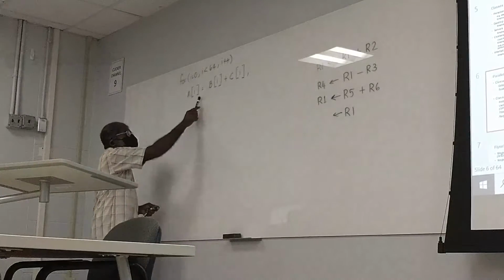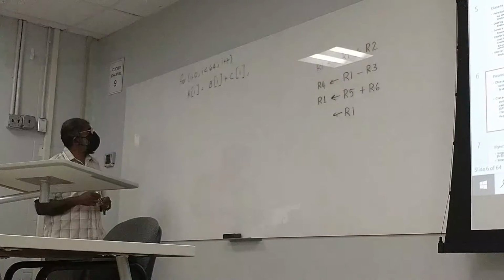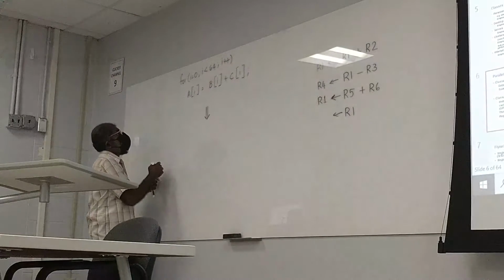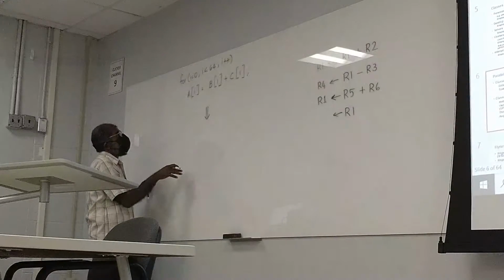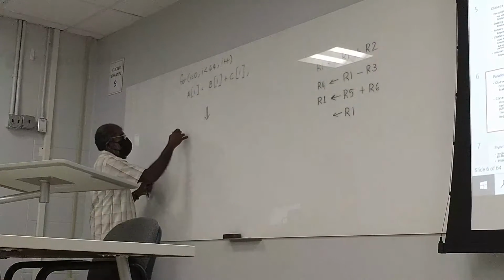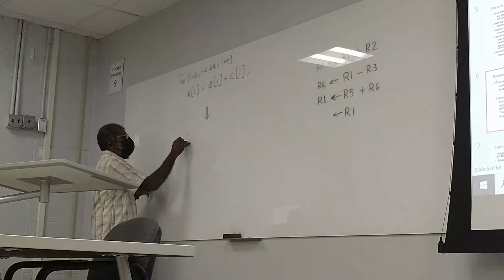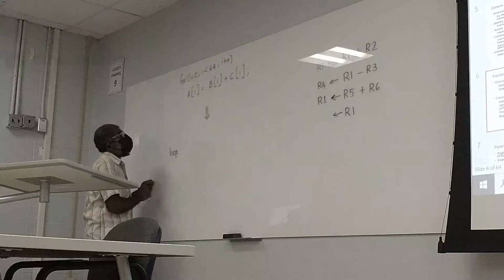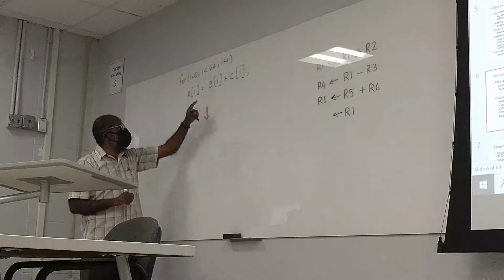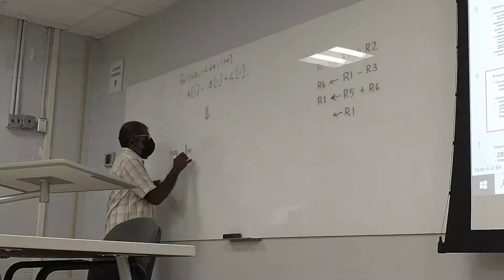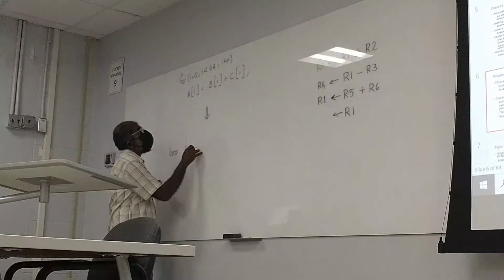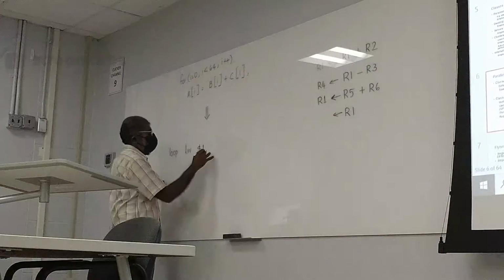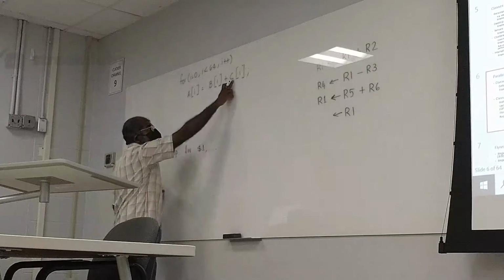How would this be translated to assembly? Most assembly languages would implement this. I'm not writing the full code, but we'll have some kind of initialization, and then a loop where we would load this, LW to some register, and then load this thing.